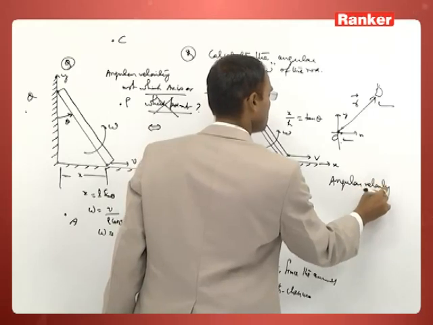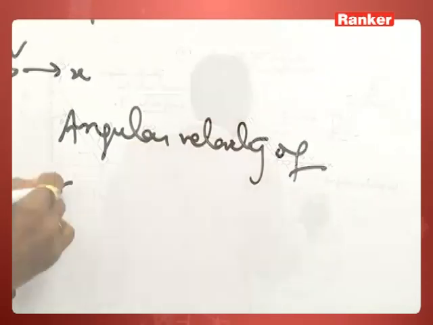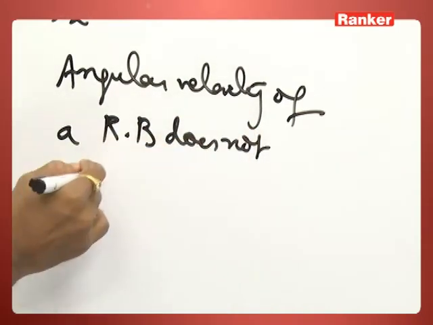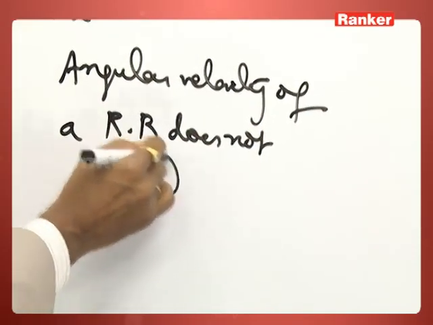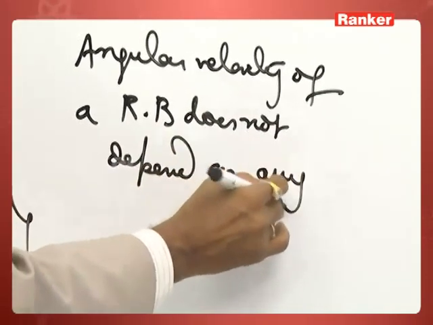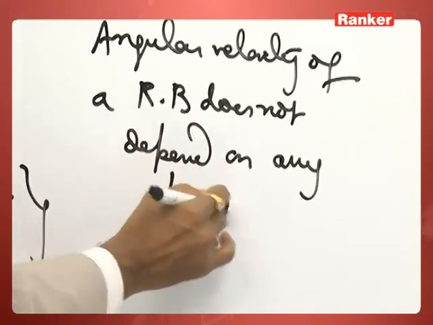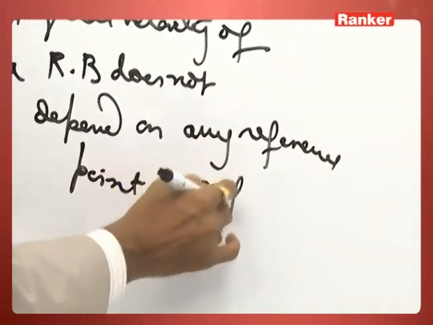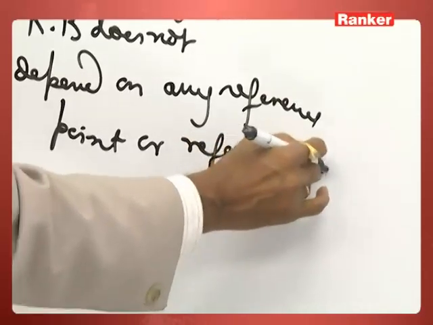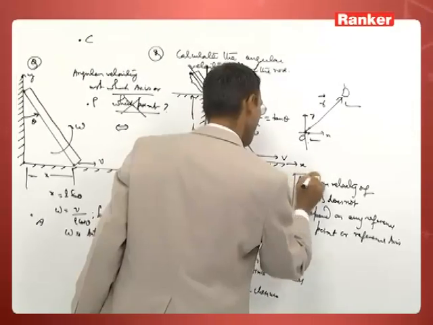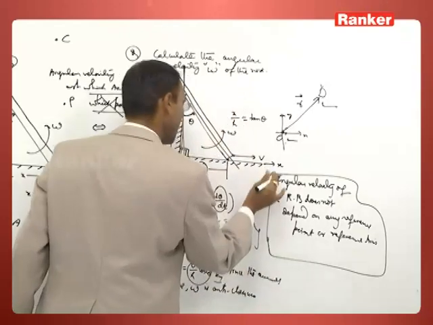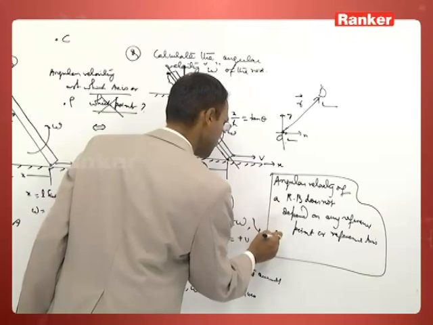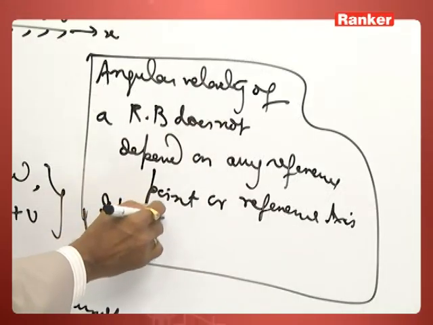Angular velocity of a rigid body does not depend upon any point, any reference point or a reference axis. It is an internal property of the rigid body.